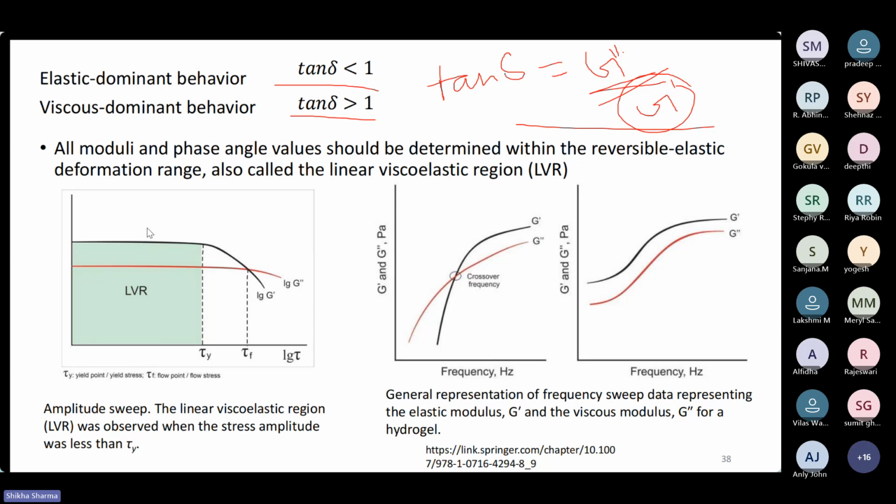When we study the viscoelastic behavior of, suppose, polymers or some kind of dough, what is going to happen when we apply stress? This amplitude sweep is a measurement of G double prime against shear rate, or here it can be shear stress also. So there will be this linear viscoelastic region. In this region the material will be fine, it will not deform.